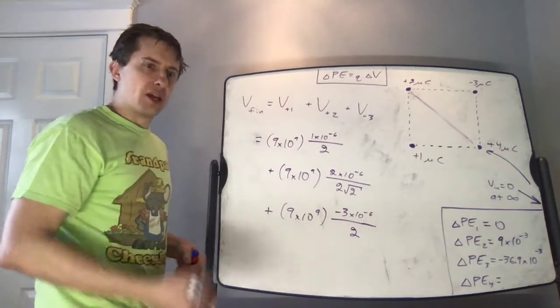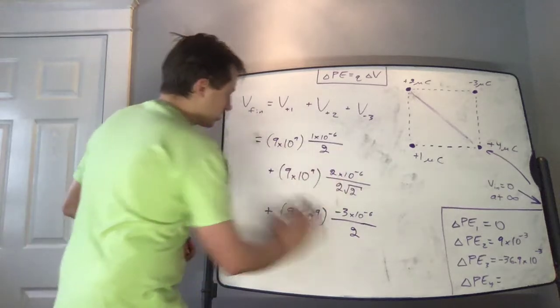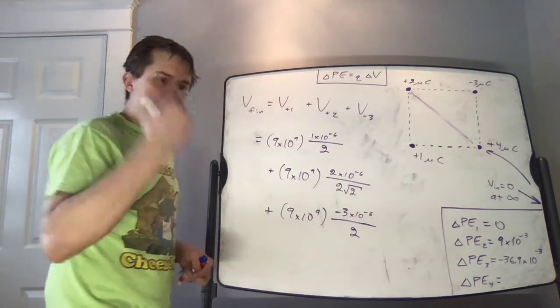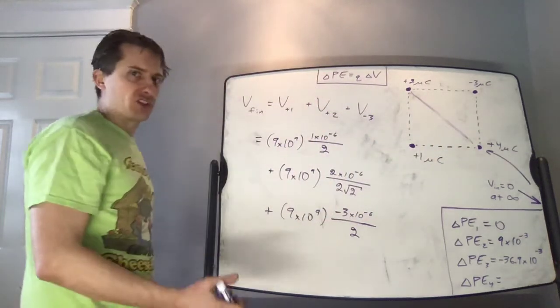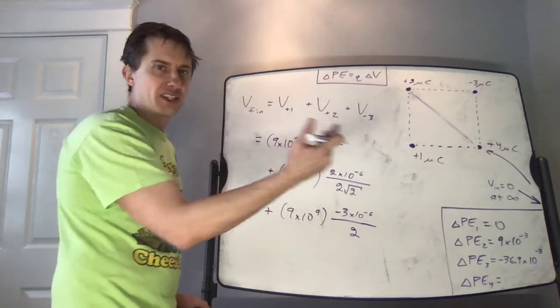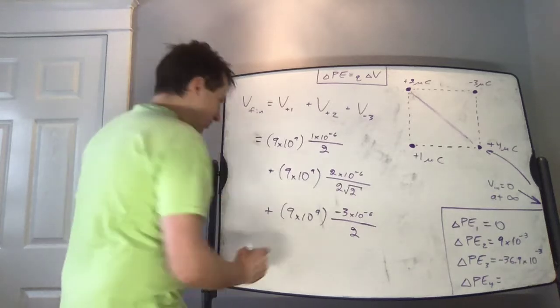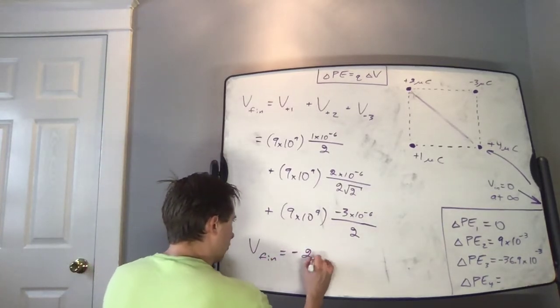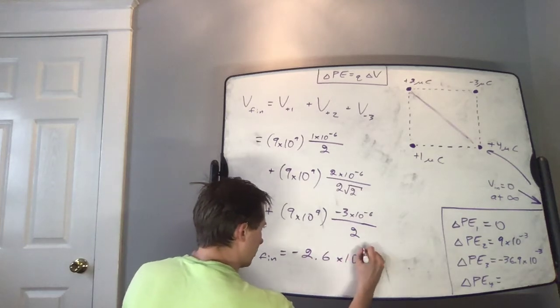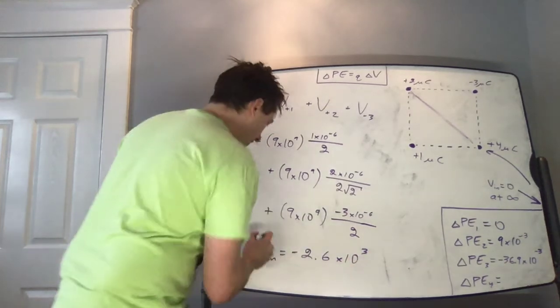When I plug these numbers in a calculator, I find that the value of the electric potential at the lower right corner of the square, due to all of the charges that did not move, is going to be V final equals negative 2.6 times 10 to the 3 volts.